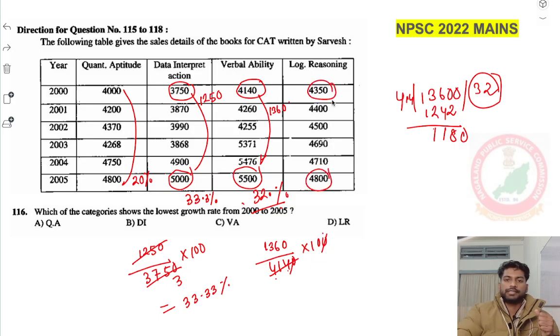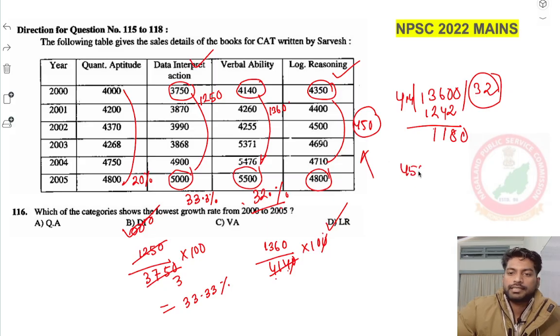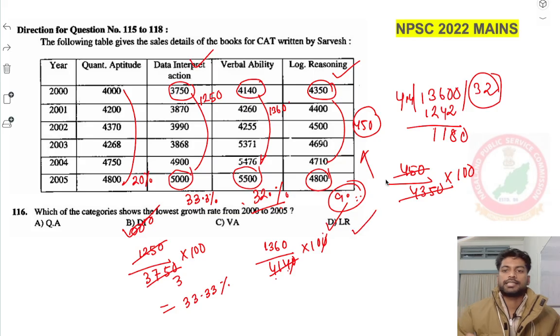Now 4350 became 4800. So it's around 450. Too little. So we got data interpretation there. Least growth will be logical reasoning because only 450 increased from 4350, into 100. It will be roughly around 9 point something. So this will be the least, logical reasoning.